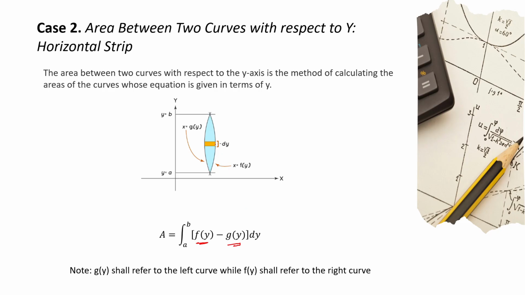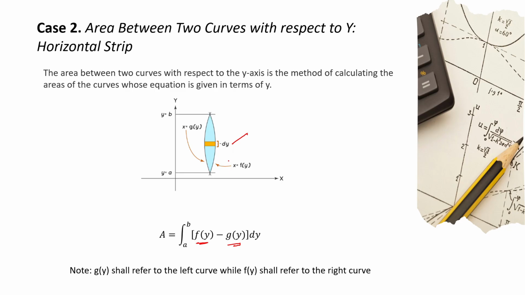The same way here, this is dy, and f of y and g of y. So these strips here are f of y minus g of y, dy.